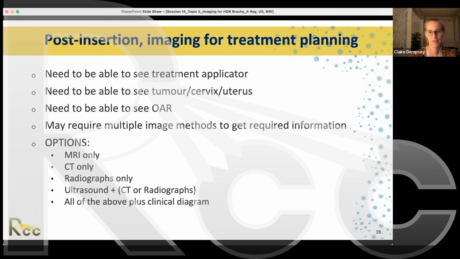And then obviously we've also got our clinical diagram, which is always super helpful regardless of what imaging modality you use. So you could use any of the above options and then add your clinical diagram as well to give you that extra information for your treatment plan.